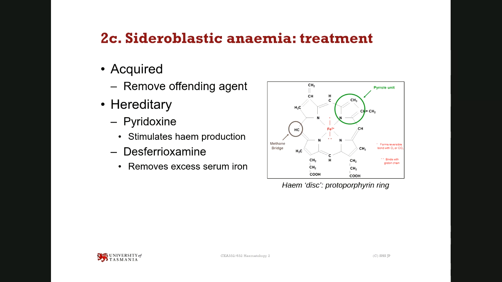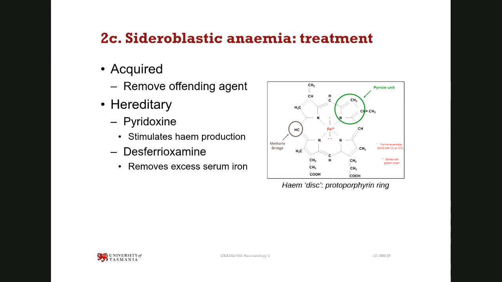Because it's due to a lack of a particular enzyme, if we can increase the amount of cofactor that is necessary for the formation of ALA to take place, then we can actually stimulate more heme production. And so pyridoxine is the cofactor in this first step.